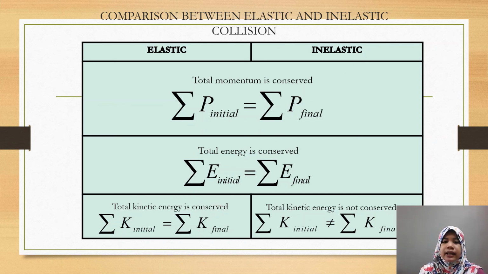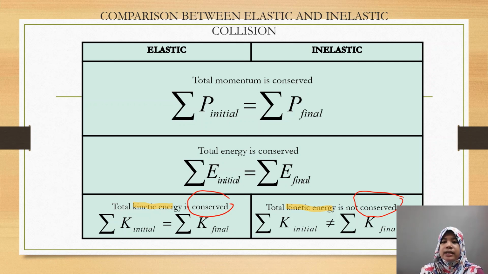Kalau total kinetic energy is conserved, maksudnya initial kinetic energy sama dengan final kinetic energy, means that dia adalah elastic collision. Tapi kalau total kinetic energy is not conserved, means that bila kita kira kinetic energy initial tak sama dengan kinetic energy final, maksudnya dia adalah inelastic collision.